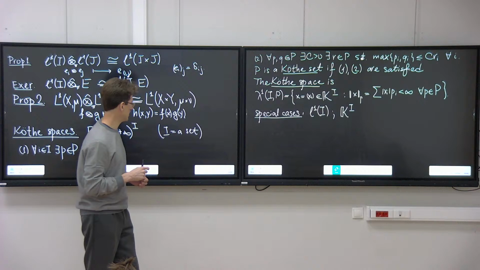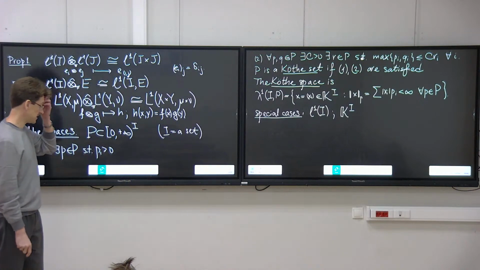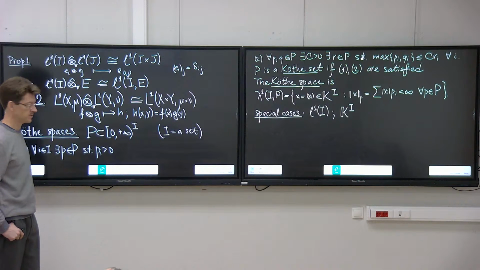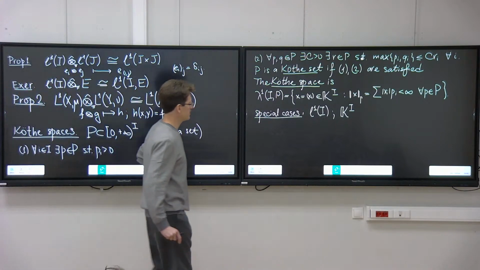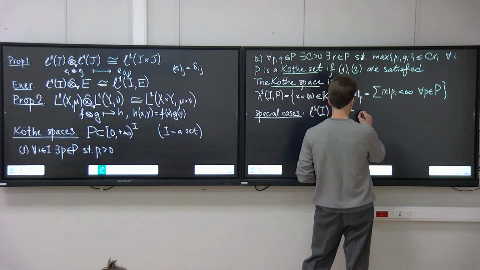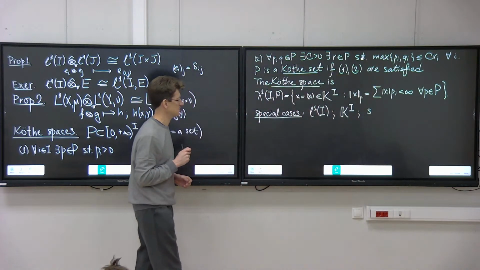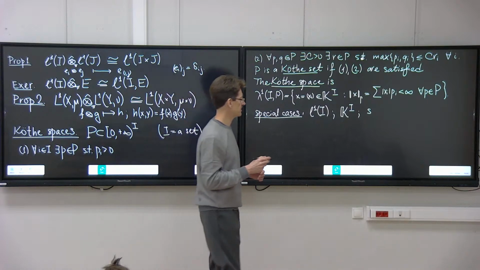To see this, we take for P the set of all functions with values in 0 and 1, such that all but finitely many elements are 0. The space little s of rapidly decreasing sequences is also a special case of Curtis spaces.